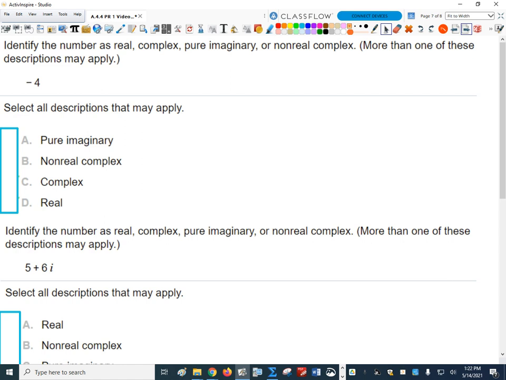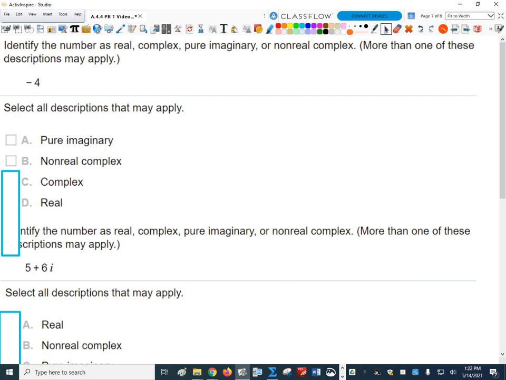So what about this first one? Let's see, Jack, is that a pure imaginary? Let's just go through the list. No, it's not, you're right. Is it non-real complex? No, you're right, because it is real, isn't it? So it can't be non-real.